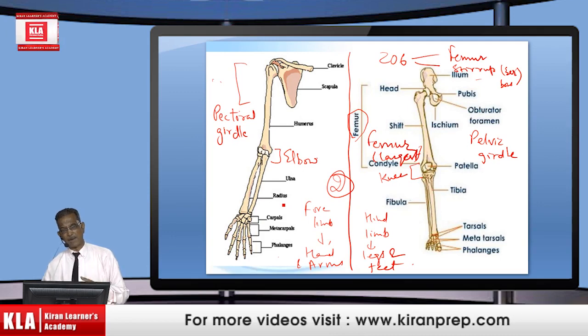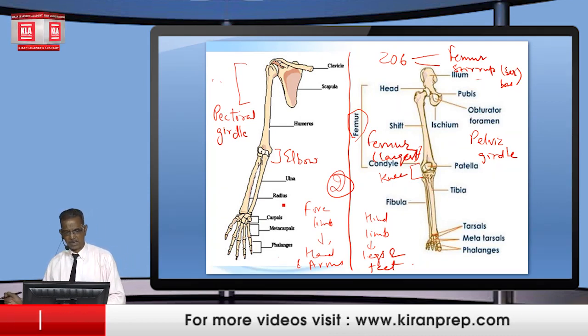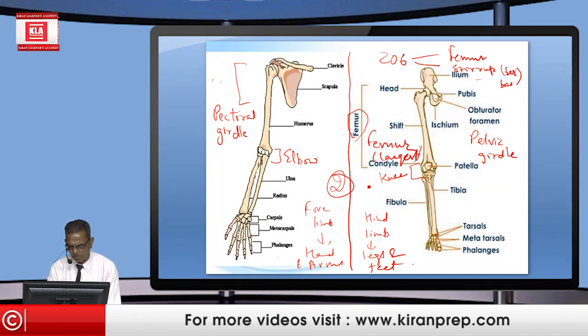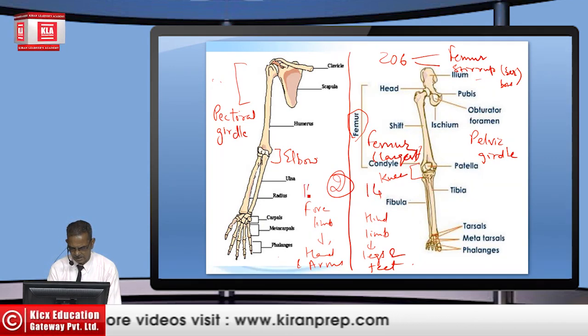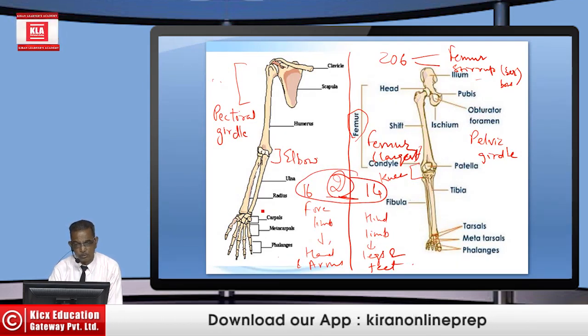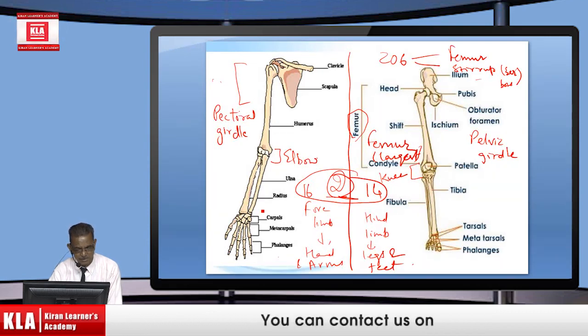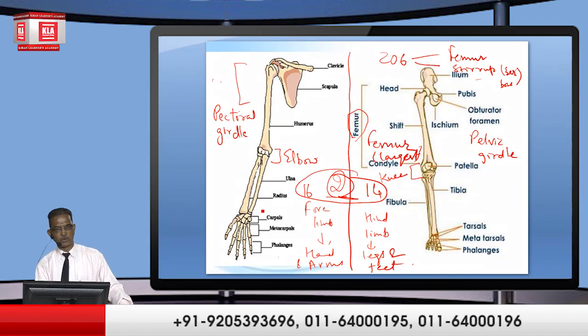But my ankle, where my foot starts, carries 14 bones. Hence this difference of 2 bones makes a difference in the number of bones in the forelimb and the hind limb, that is the hands and legs. Am I clear? Right. Let's proceed to the questions asked so far.